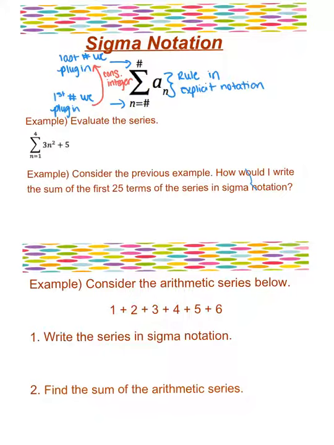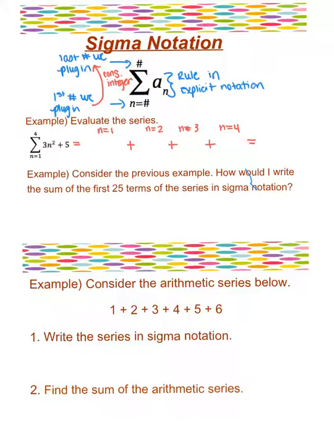So let's take a look at an example. I want to evaluate the series 3n squared plus 5 from n equals 1 to 4. So I know I'm going to be plugging in n equals 1, 2, 3, and 4, and I'm going to be adding up all of these terms because that is what the sigma is telling me to do.